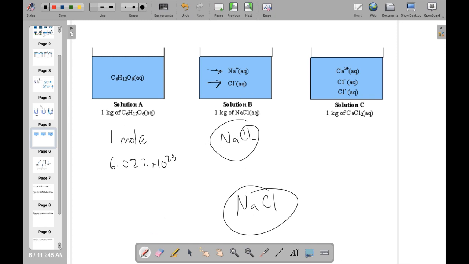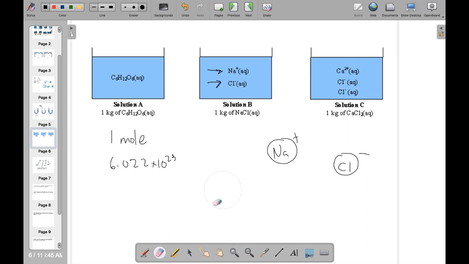But actually, these here also are pulled apart by dissociation. That's sort of weird to wrap your head around. So when you think about it, I don't have 6.022 times 10 to the 23rd particles of salt floating around.